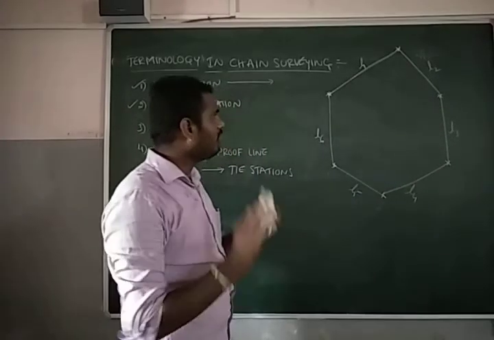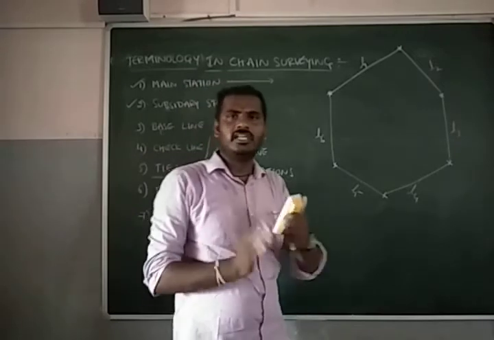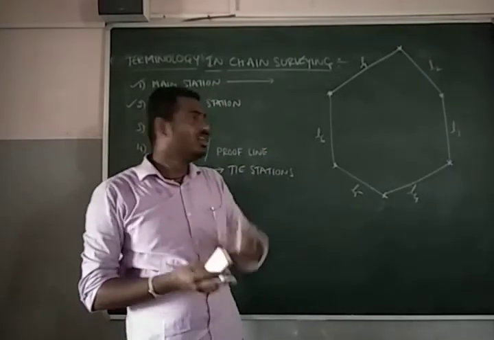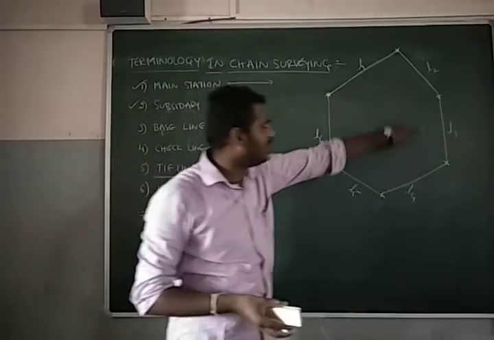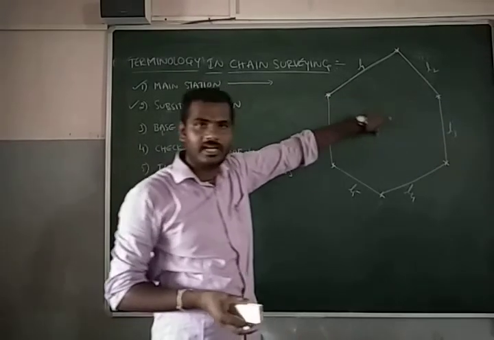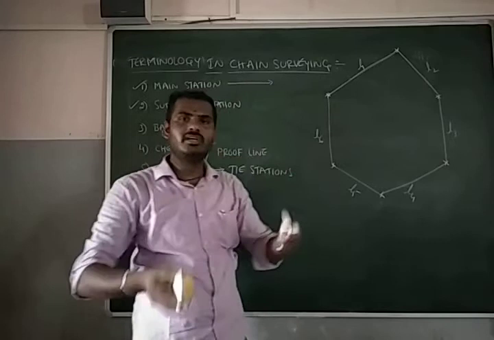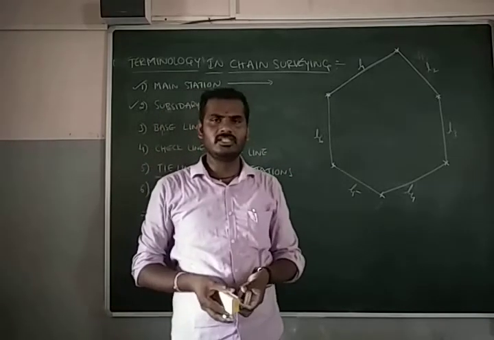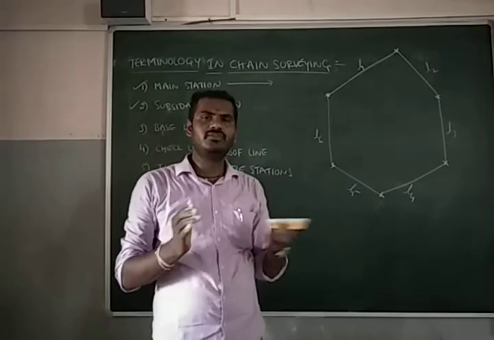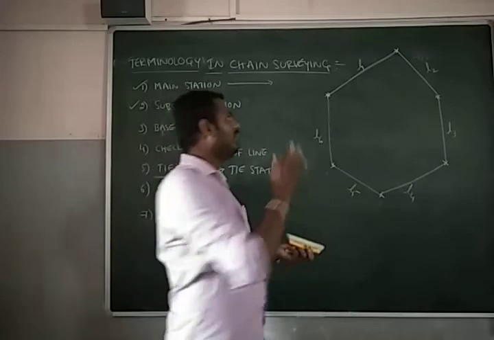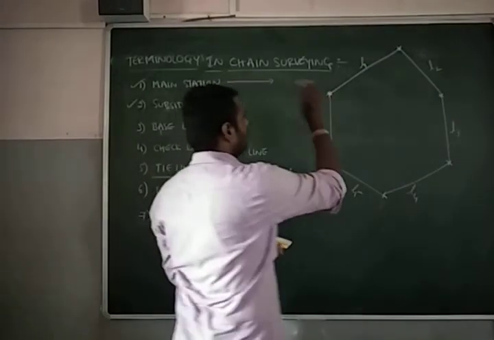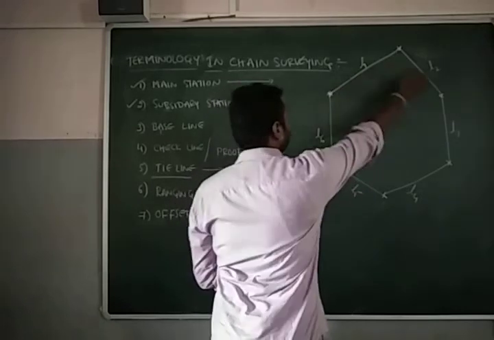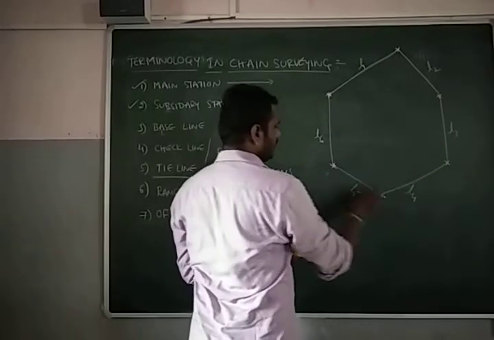If you want to calculate the area according to the principle of chain surveying, this entire area bounded inside these lines should be divided into a number of triangles. So if you want to divide it into triangles, initially we are measuring the lengths between all these boundary points.